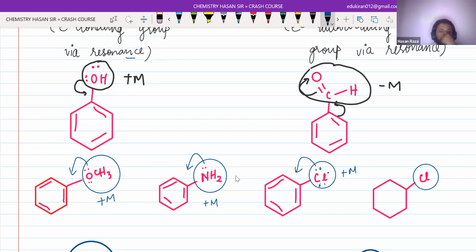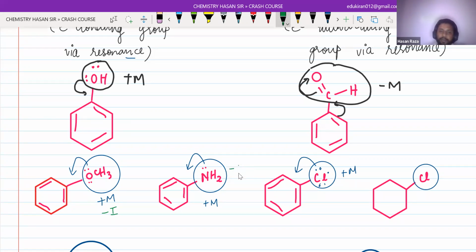It is also important to do inductive effect with this. So this will be plus M, but if you check for inductive effect, it will have minus I, because oxygen is more electronegative than carbon.